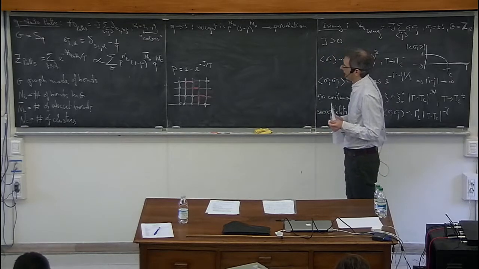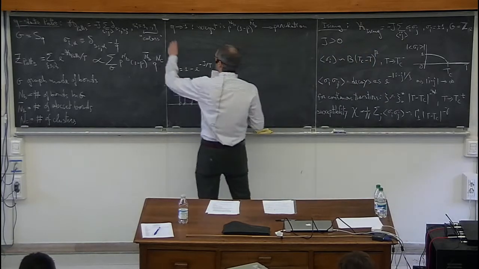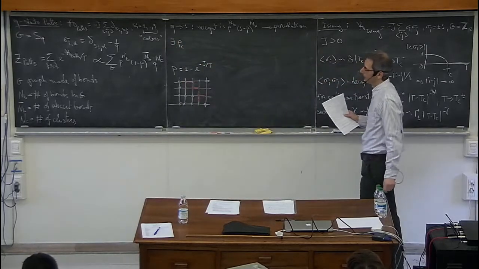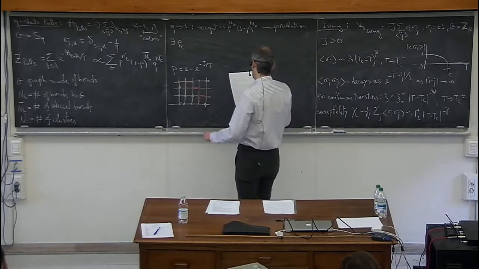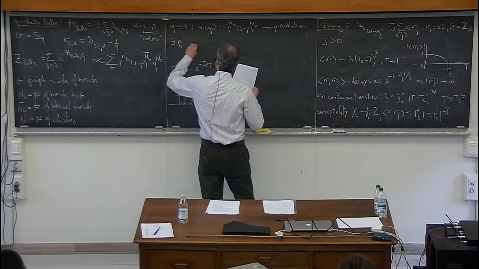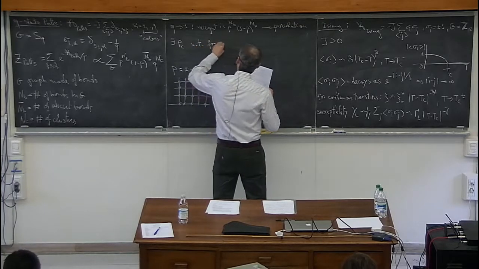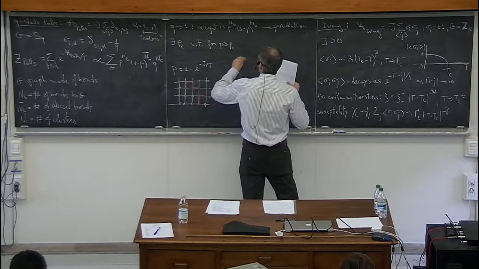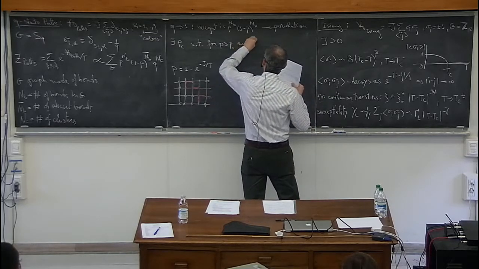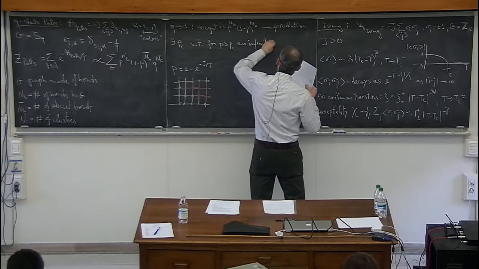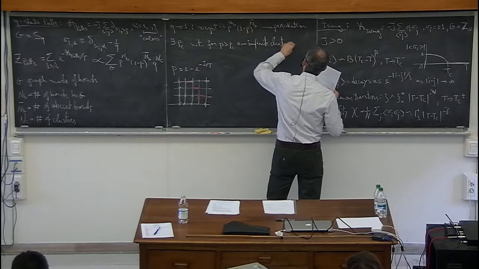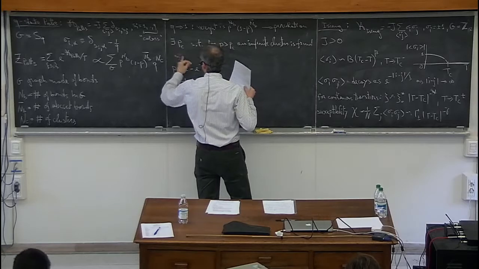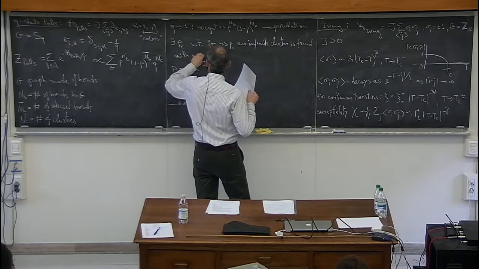The reason why this is interesting is that there exists a critical occupation probability, p_c, in percolation, such that for p larger than p_c, an infinite cluster is found with non-zero probability.